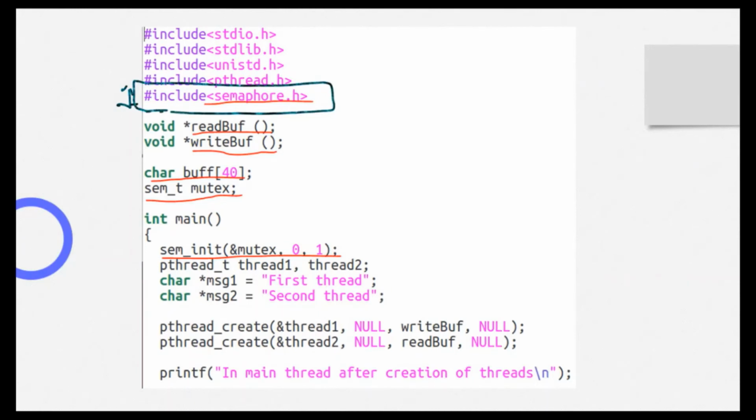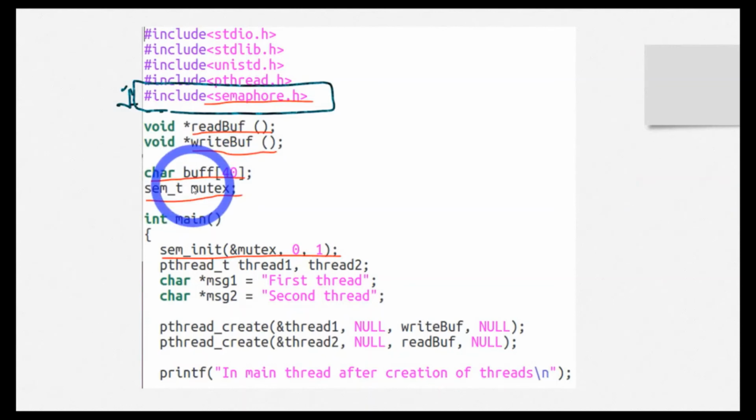The second step was declare the semaphore variable in a place which is accessible by all the processes or the threads. Since in this example, we are performing synchronization between two threads, the place which is common or accessible by all the threads is a global variable. So a global variable is actually accessible by all the threads of a process.